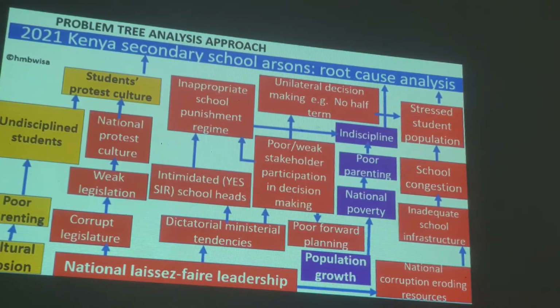Again, that's a result of national laissez-faire leadership. And you see, population growth can also lead to inadequate school infrastructure. Poor forward planning can also lead to inadequate school infrastructure. And here now we see a picture of possible causes of arson. So pointing a finger at only one may not be adequate.